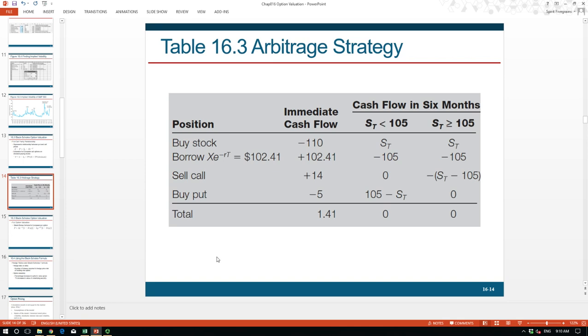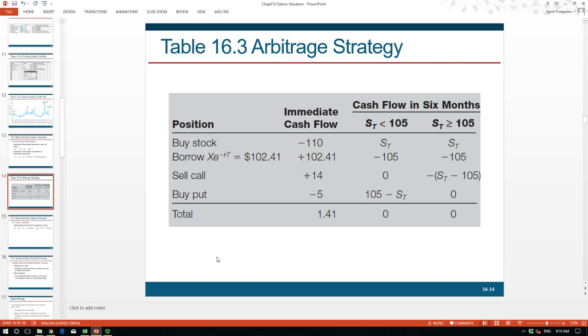All right? And you can see from this table that, let's say, the future stock price can be either greater or less than $105. Right? The exercise price is $105.